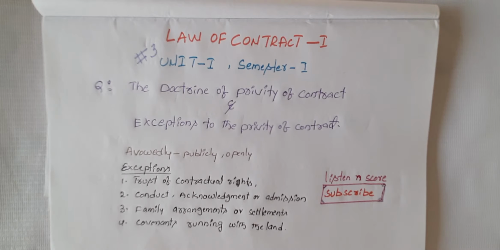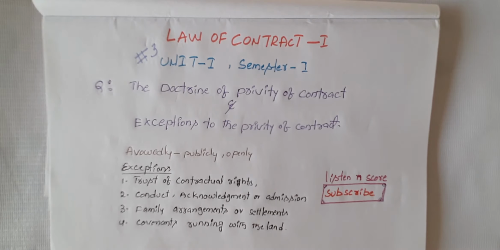Doctrine of privity of contract means a contract is a contract between the parties only and no third person can sue upon it, even if it is avowedly made for his benefit. This means a stranger to contract cannot sue.